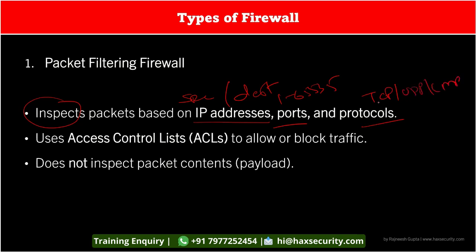Based on that, it inspects the connections and decides whether to allow or block. It uses access control lists (ACLs) to block or allow the traffic. Again, this does not inspect the content of a packet, meaning the payload of a packet.